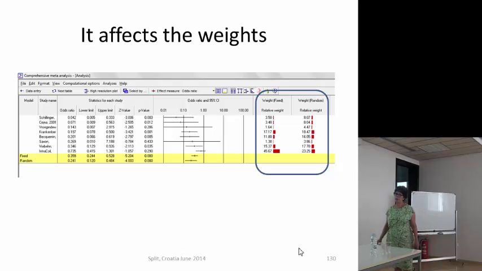In a random effects model, what you're saying is, I believe that there are different true effects, and that these studies in my sample are representative of a larger population of effects. So, in the fixed effect model, our weights are going to be based essentially only on sample size. Okay?